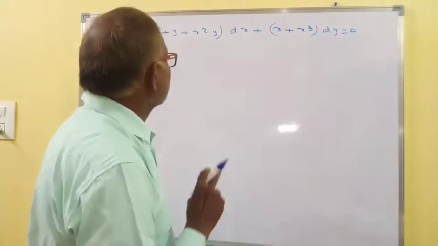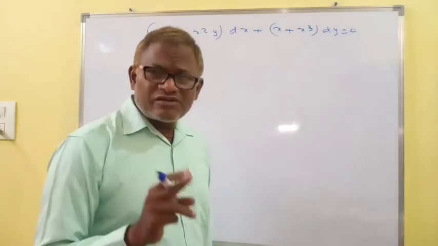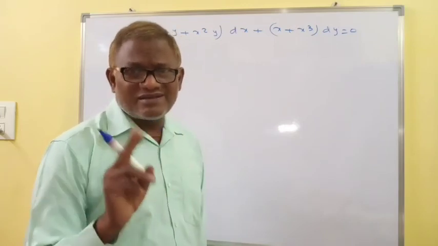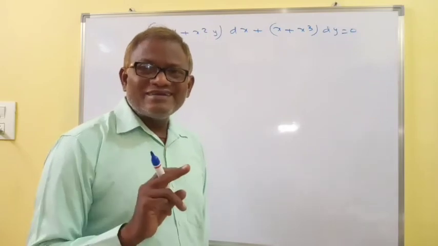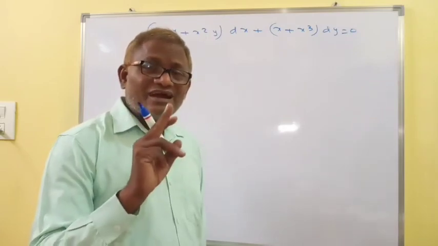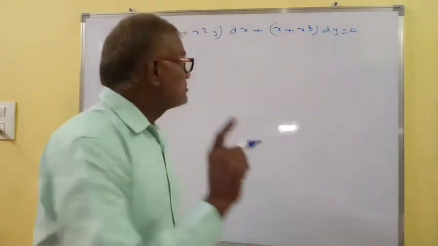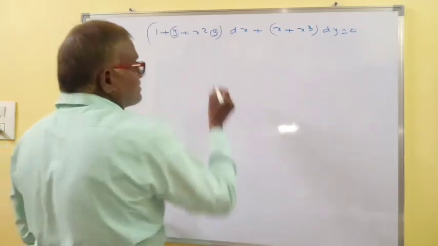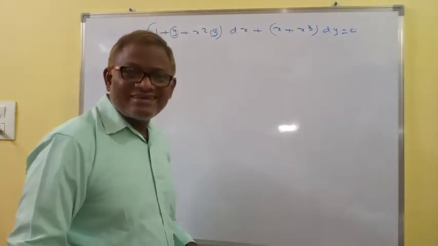What I have to say, remember that one: the differential coefficient and y may not be multiplied together. And remember one more point, the degree of y must be 1 only, linear in y. So clearly you see, the degree of y is 1. That means you have to express dy by dx only.